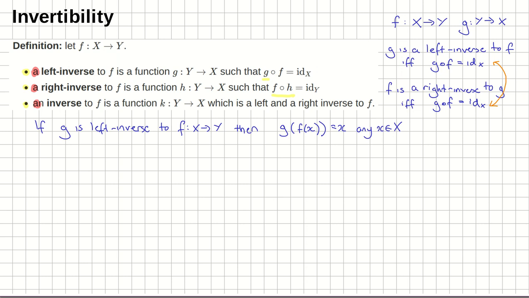It's getting you back to where you started, which is at this element, little x.